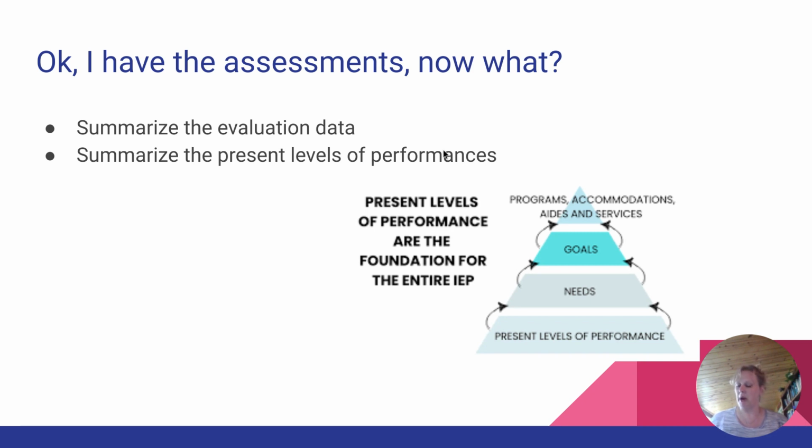Once the team knows where the student is currently performing, they can determine the needs and build the goals from there. When the team creates goals at the IEP meeting, they can choose to create goals that address transition and academics in one goal, or separate needs in separate goals. We'll talk a little bit more about that in the next couple of slides. But as you can see here, present levels of performance are the foundation for that entire IEP.